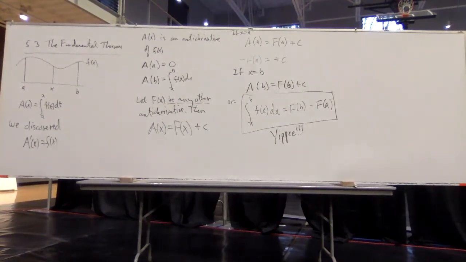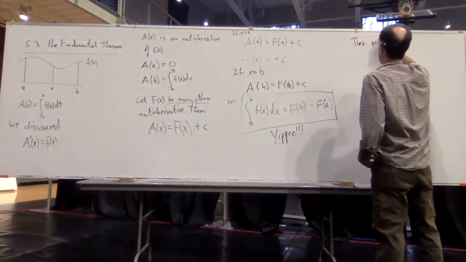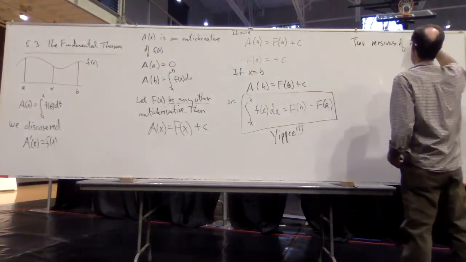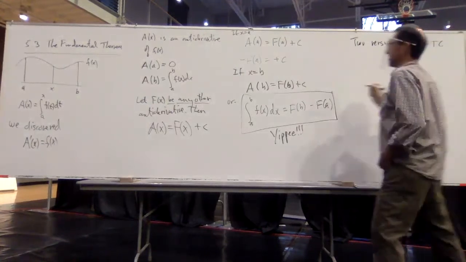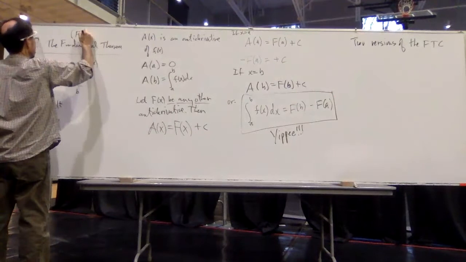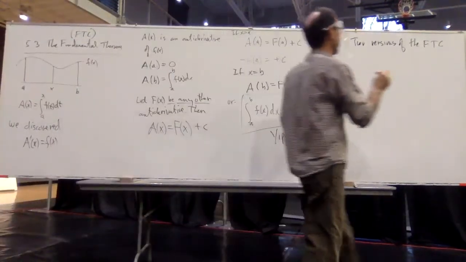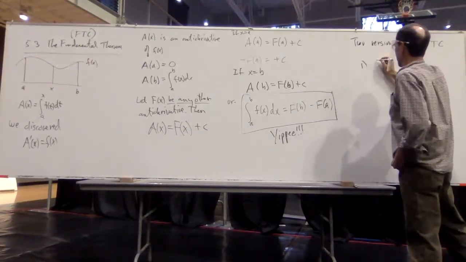Okay, there's actually two versions of the fundamental theorem. I think we know both of them. The FTC, fundamental theorem of calculus. The first one is what we just derived.